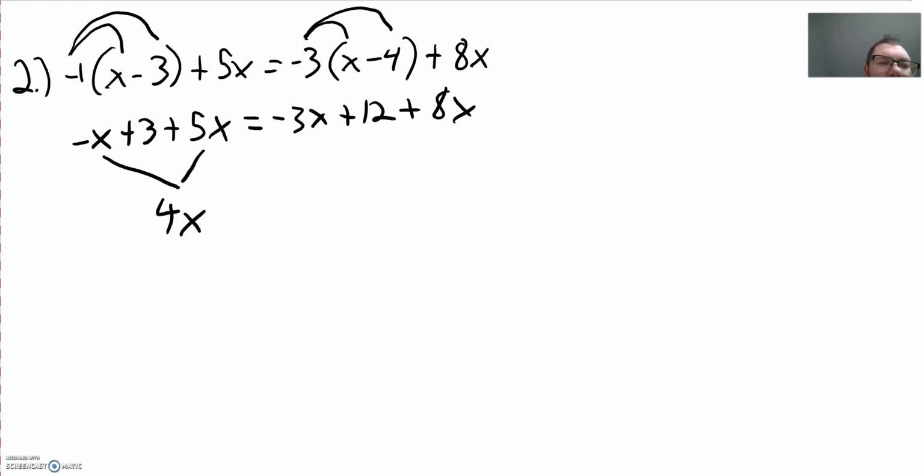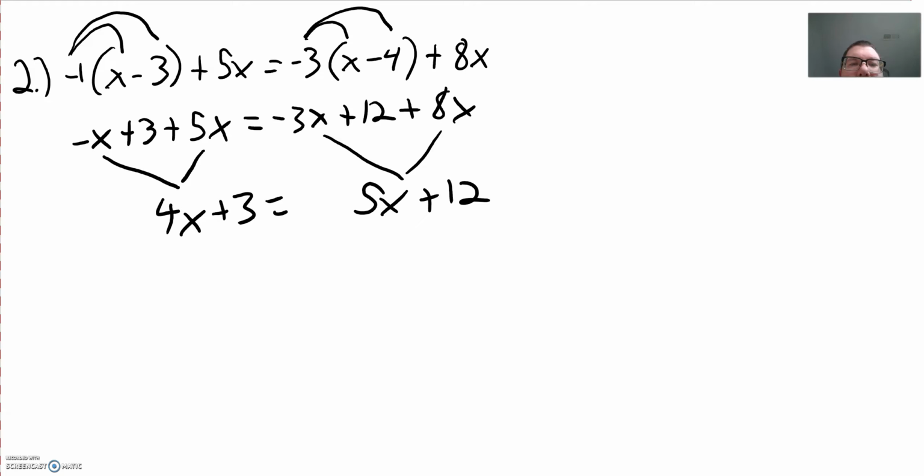And then I still have that plus 3. And then on this side, I've got that negative 3x and that 8x, which are going to combine to become 5x. And then I still have that plus 12. Okay, not too tough so far. Next step is to move the variable. Again, doesn't matter which one I move. I personally like to move the smaller number, so I'm going to move the 4x.